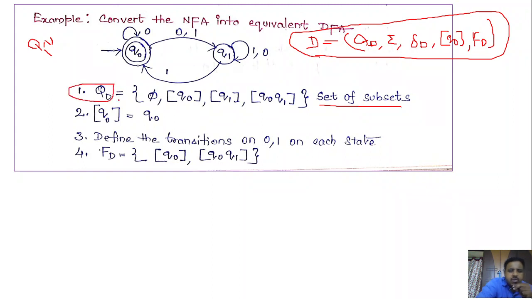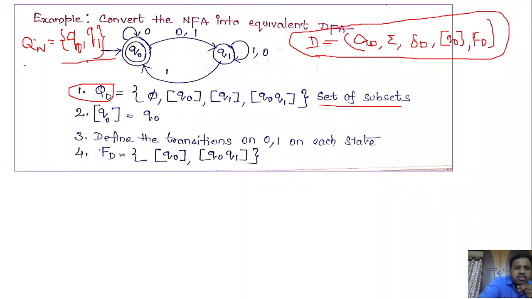So what is the set of states in the NFA? Qn is equal to, we have two states: one is Q naught, the next one is Q1.